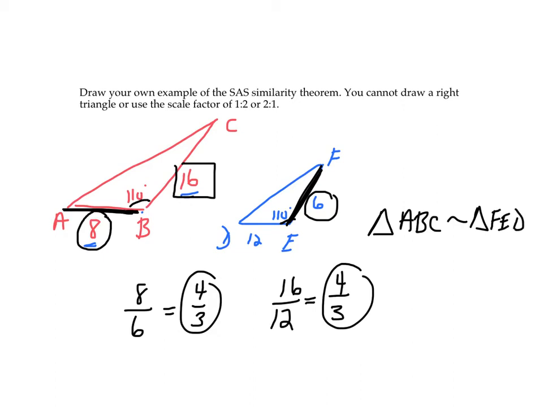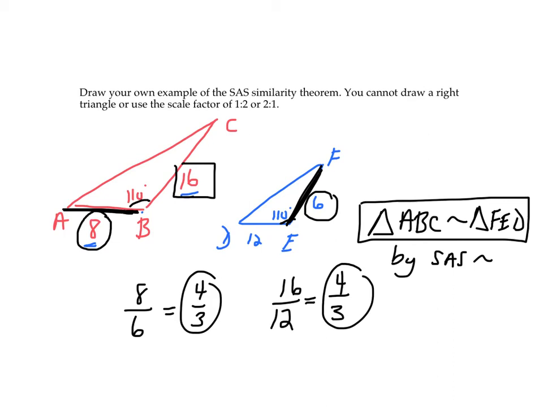If you wrote triangle DEF, just based on what the triangles look like, unfortunately that would be incorrect. These two triangles are similar by the side-angle-side similarity. So remember, this is what's referred to as a similarity statement for the two triangles.